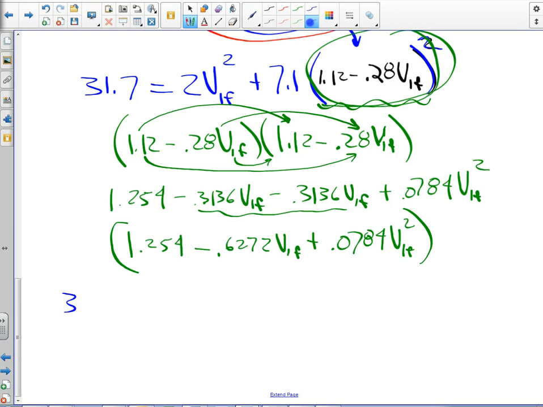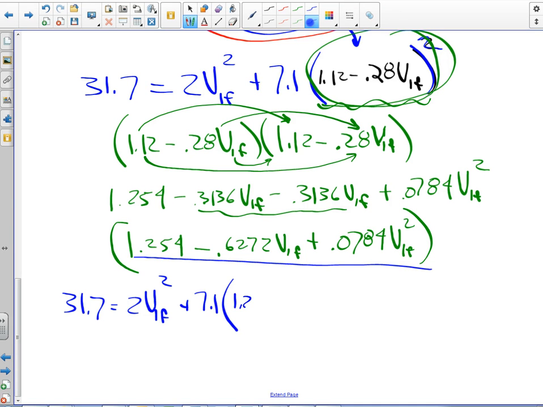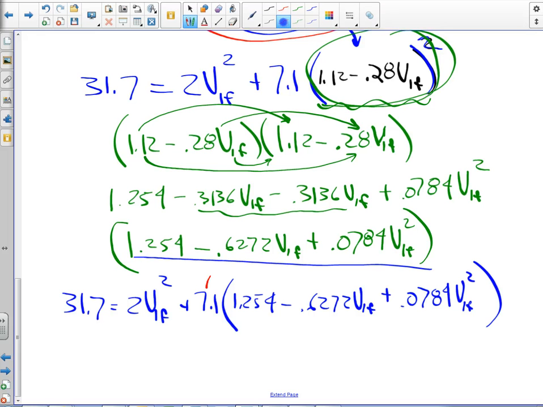I have 31.7 equals 2 v1 final squared plus 7.1 times this stuff: 1.254 minus 0.6272 v1 final plus 0.0784 v1 final squared. And of course, now we've got to take that 7.1 and distribute it, multiplying it times each of those three terms.